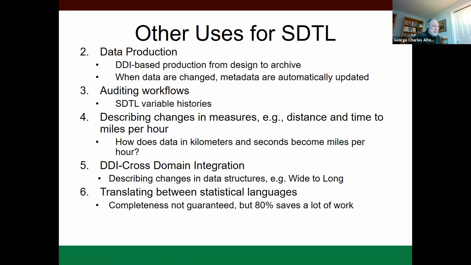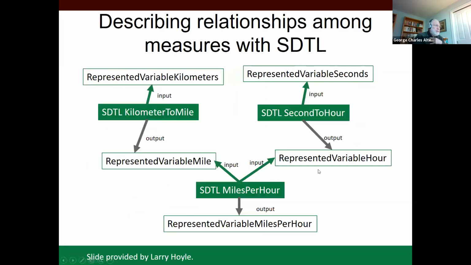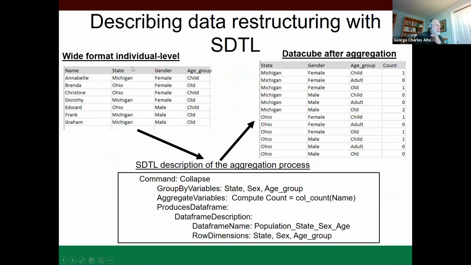CDI, however, is especially about changing data structures, going from wide to long and other things. And SDTL can be used to describe those processes too. So suppose we start with a wide data file with one row per person, where each column is a variable. And then we change it to a data cube by aggregating on state, gender, and age group, and producing an aggregated variable account.